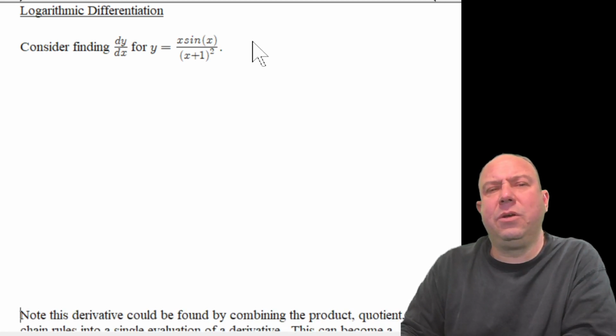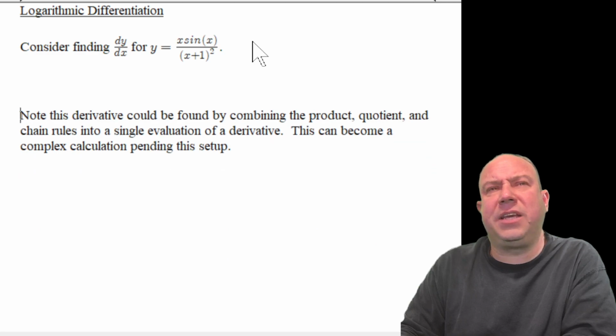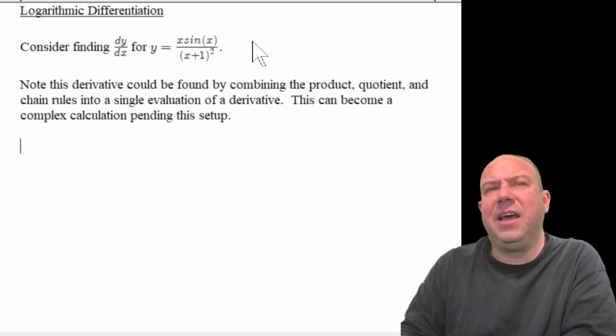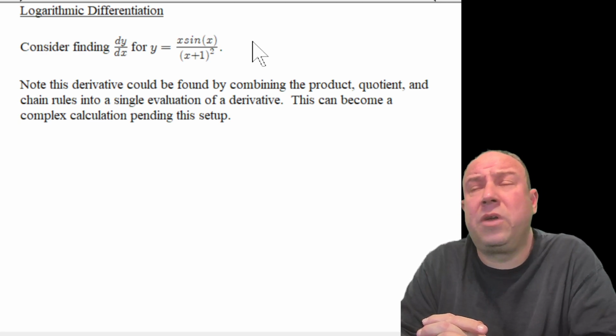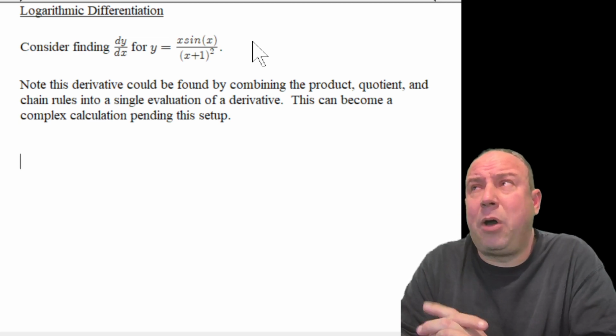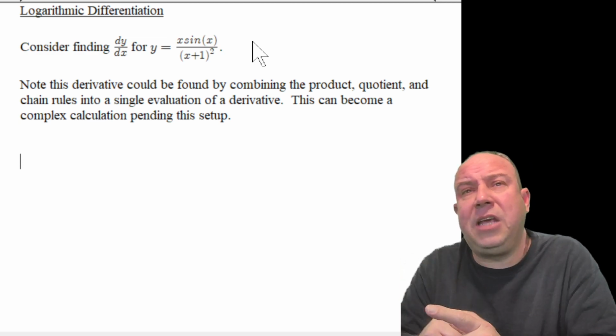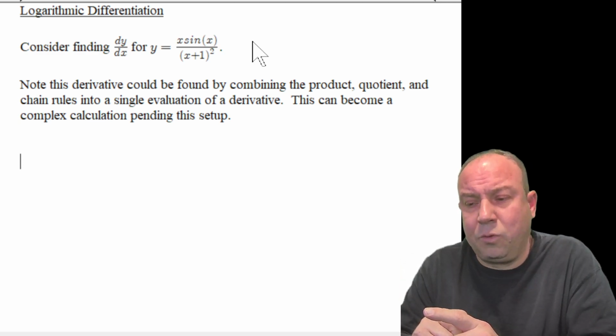It's interesting in that it relies pretty much upon one derivative result, as opposed to relying on a combination of several derivative rules.